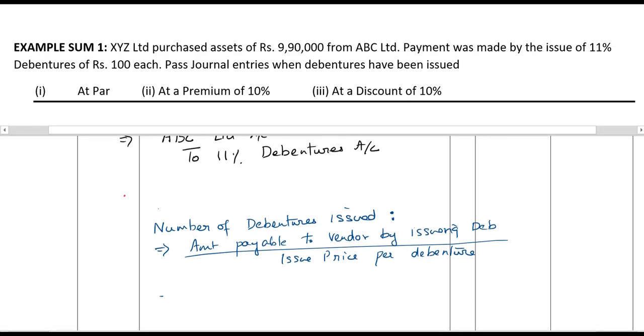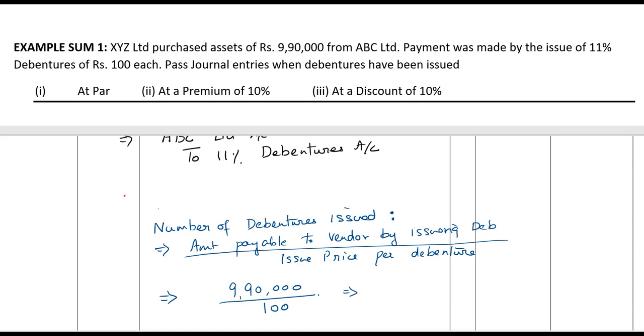The amount payable to the vendor by issuing debentures is 9,90,000 rupees divided by rupees 100, which is the issue price per debenture when the debenture has been issued at par. So we have 9,900 debentures.